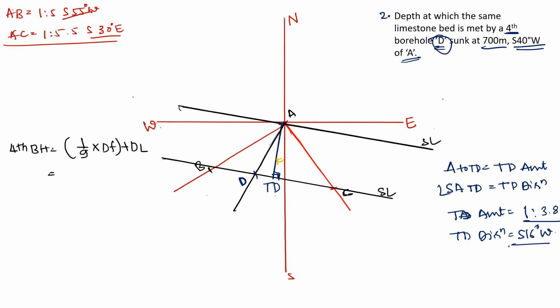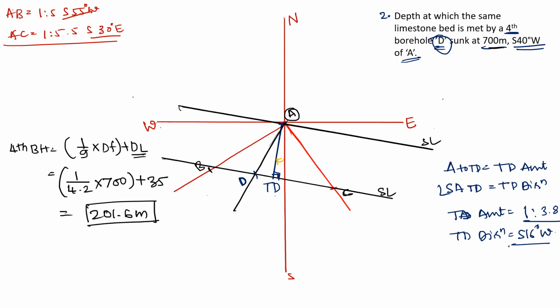G, the gradient, is the distance AD, which I calculated as 1 by 4.2. df is the distance, 700, which is already given, plus dl, which is the least borewell depth at point A, that is 35. So you get the answer as 201.6 meters. Once you solve this, you will get this answer.